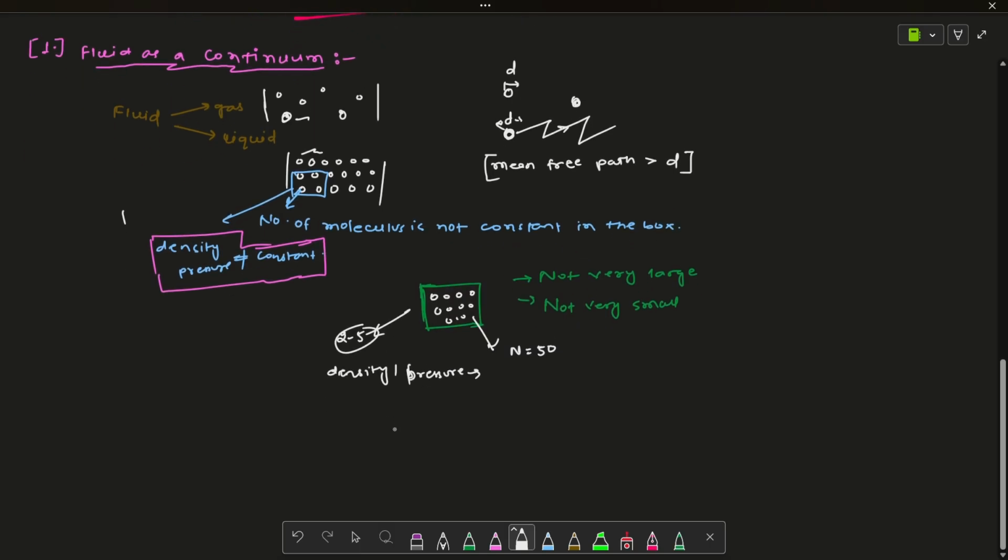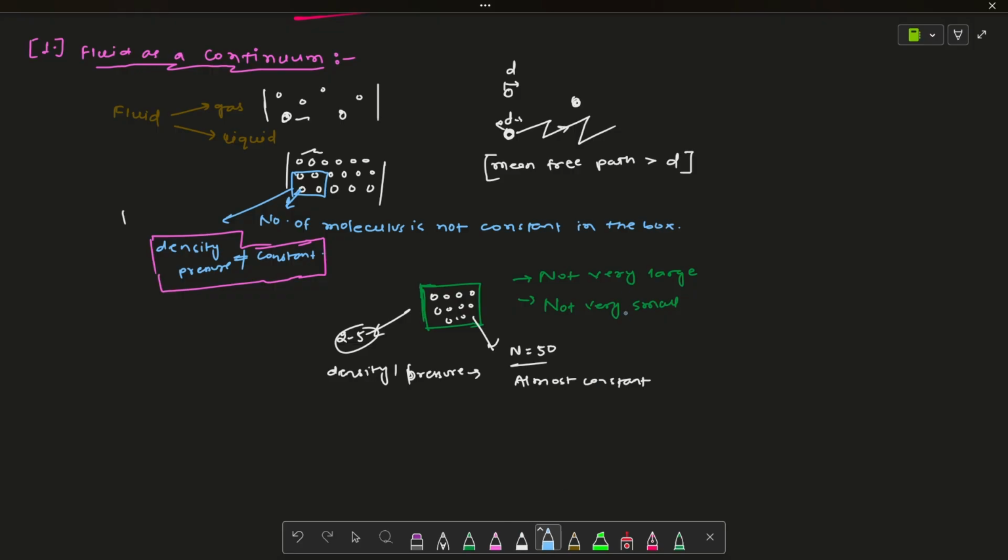Because compared to 50 particles, the two particles coming and going are very insignificant. So we can say that the number of particles in this box is almost constant. So we have to select a volume that is not so large and not so small.